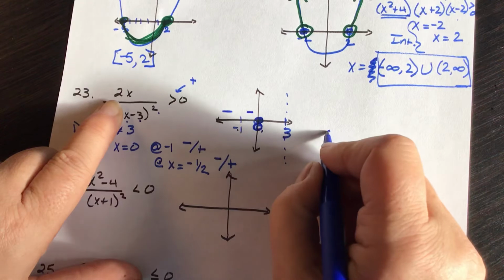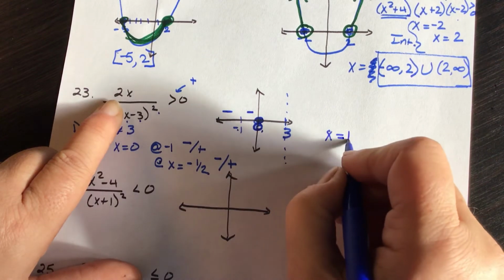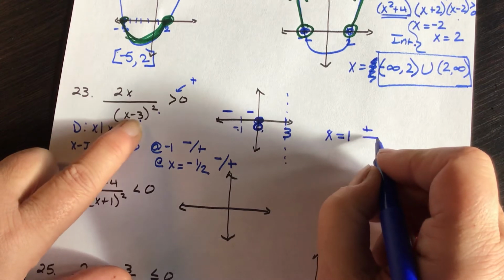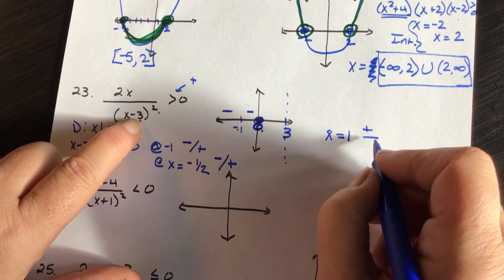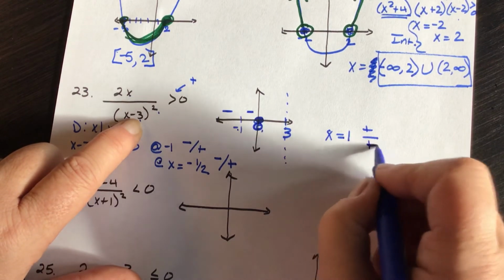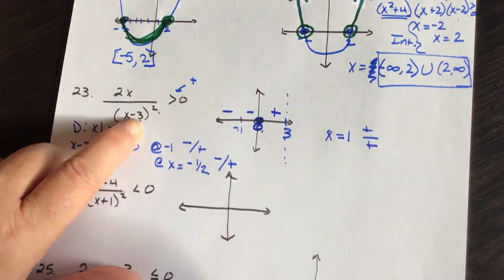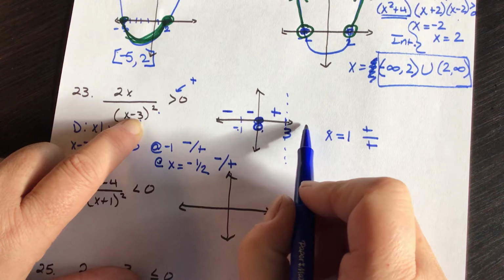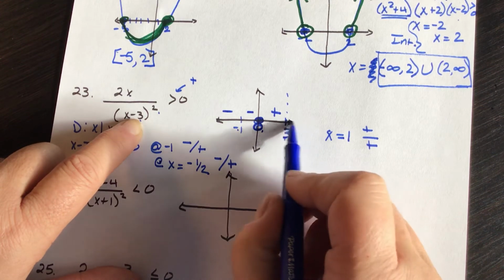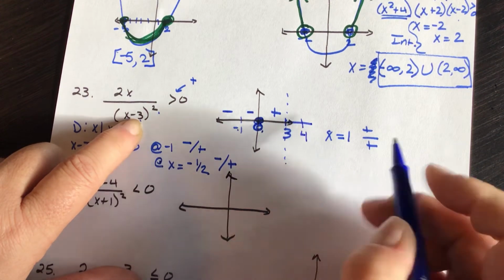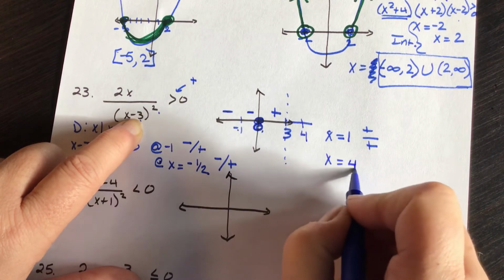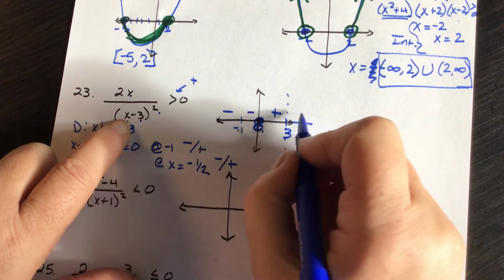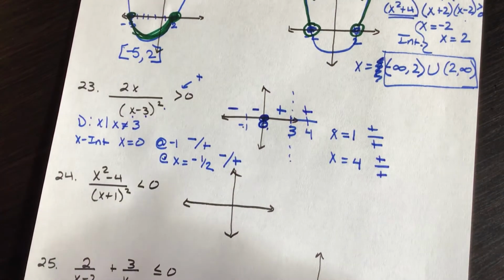Between 0 and 3, this is positive. Let's say I pick x equals 1, so that's +2. And 1 minus 3 is -2, but I square it, I get a positive. So this is positive. And greater than 3, let's choose 4. So if x equals 4, 2 times 4 is positive, and positive on the bottom, so this is positive.